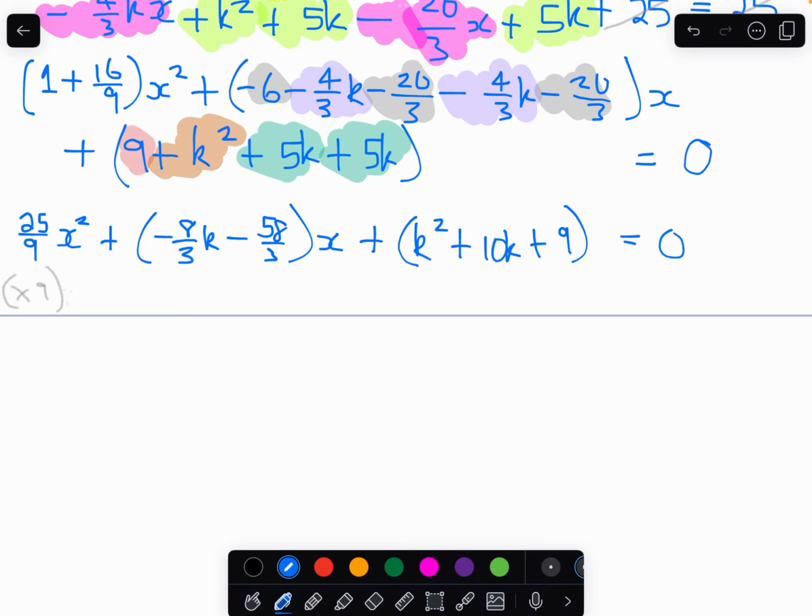Okay, so we're going to have 25x squared, and then here we're going to have minus 8 times 3, which is that, and here we're going to have minus 58 times 3, which is minus 174. And then over here we're just timesing everything by 9 straight.